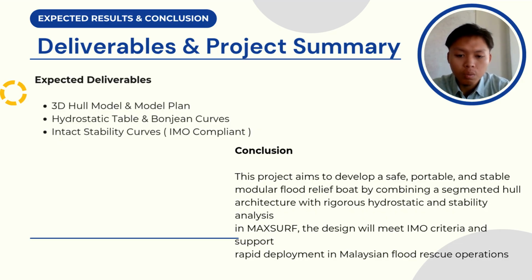This project also produces hydrostatic tables containing important parameters such as displacement, draft, and metacentric height. In addition, Bonjean curves and intact stability curves will be generated to evaluate the vessel's hydrostatic and stability performance.